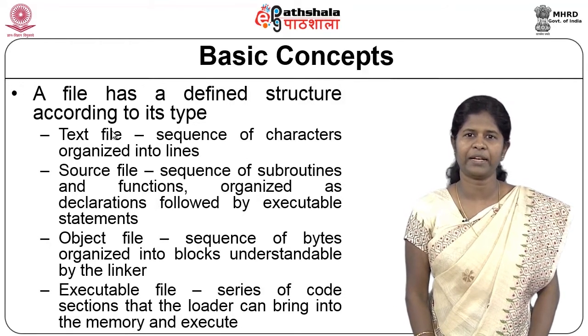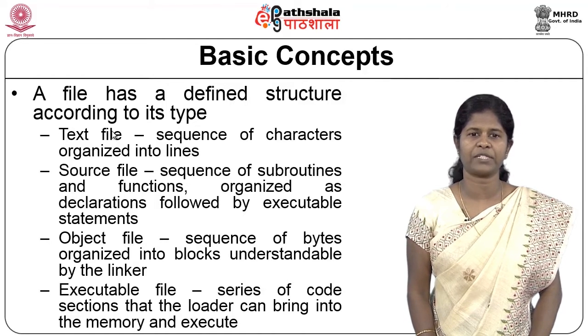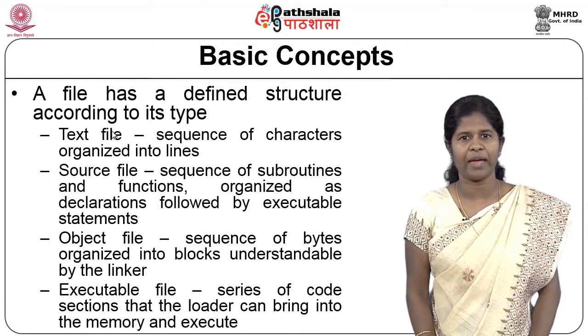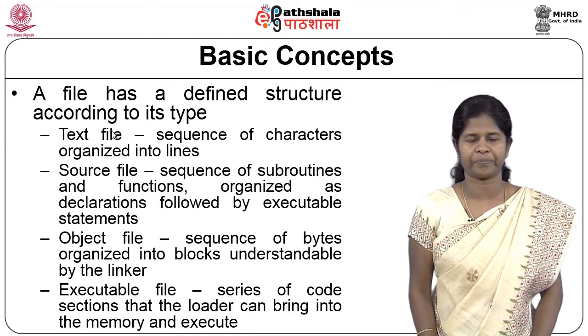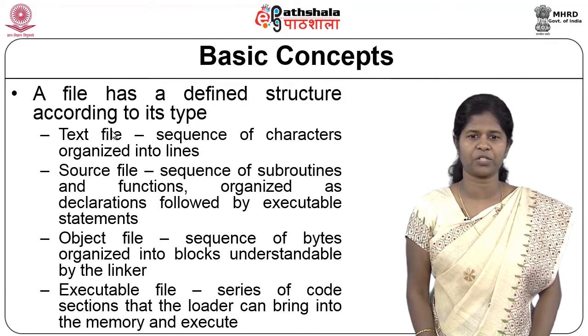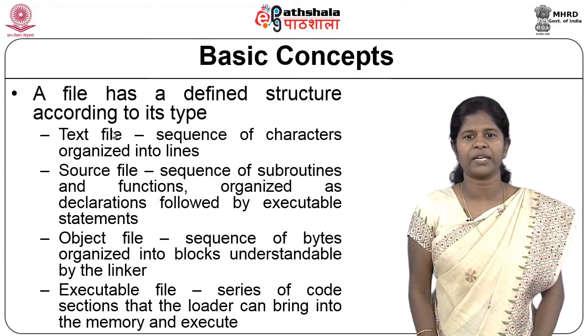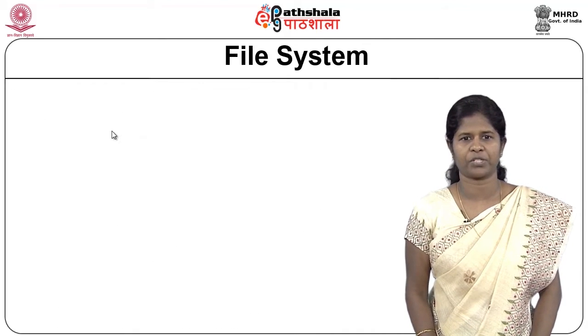Or a file can be an object file. In an object file, you have a sequence of bytes organized into blocks, in a format that is understandable by the linker. Or the file can be an executable file, where you have a series of code sections that the loader can load into memory and execute.